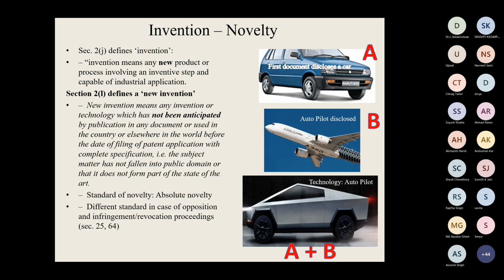He feels that somehow you are using his already registered invention. Then he can initiate infringement proceedings. The other is revocation proceedings. Revocation is once the patent has been granted. There are certain grounds on which revocation proceedings can be initiated.